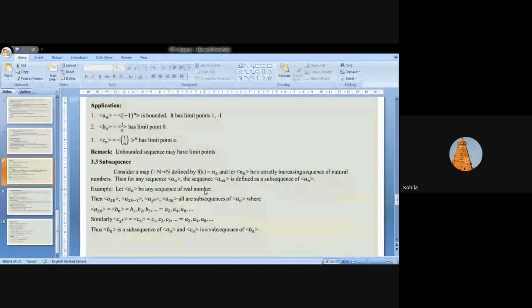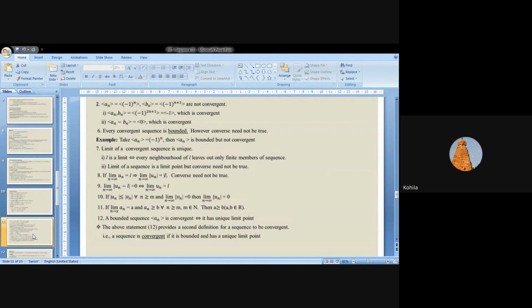This is the set of even numbers. This is the set of odd numbers. The first sequence is minus 1 power n, and the second sequence is minus 1 power n plus 1. Both are not convergent. You can check it yourself whether both are convergent or not.